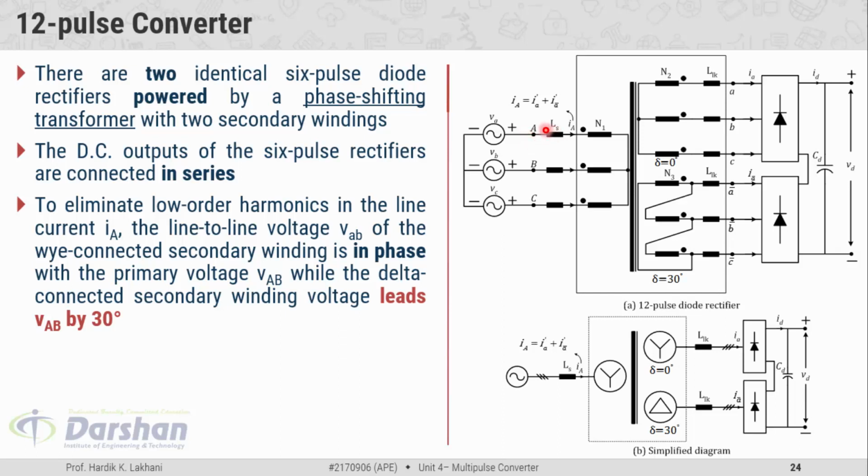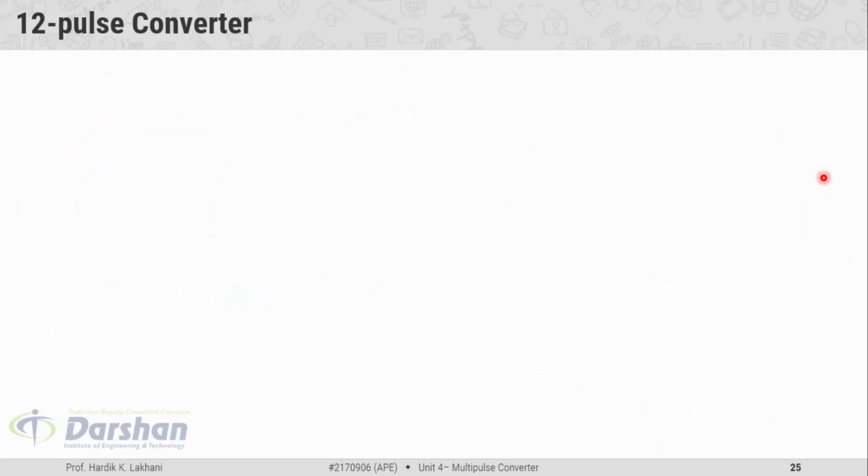So to eliminate the lower order harmonics in this line current IA, the line to line voltage VAB of the Y connected secondary winding is in phase with the primary voltage VAB, while the delta connected secondary winding voltage leads the primary by 30 degrees. Because of this type of connection, we can reduce the lower order harmonics which are introduced into the line currents by this non-linear load. That we'll see afterwards.